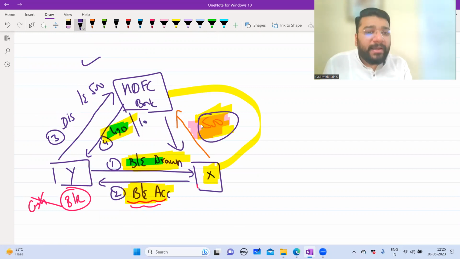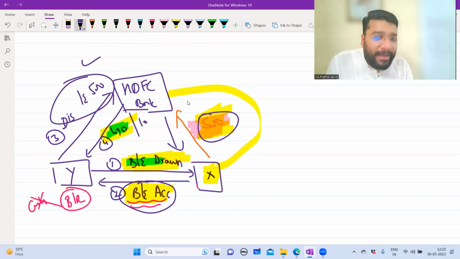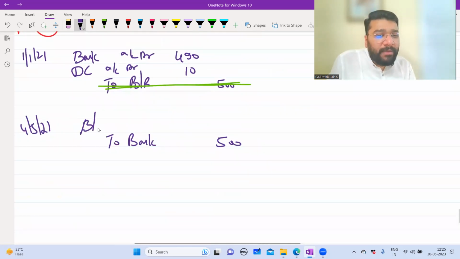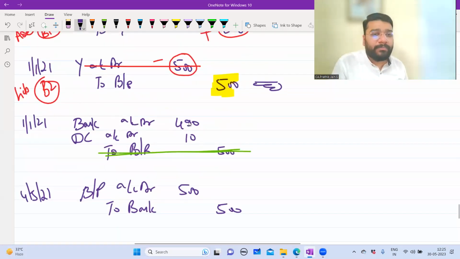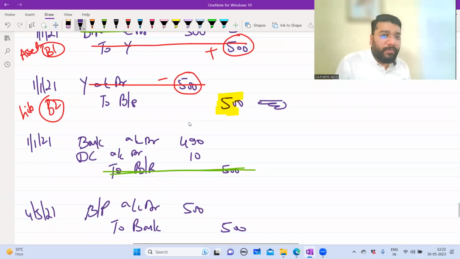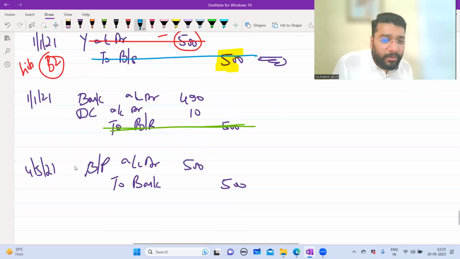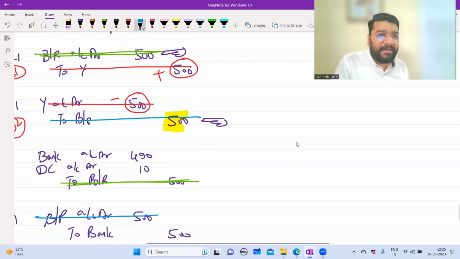The bills payable that you signed and accepted went to the banker, and the banker is now giving it back to you. So the bills payable liability is getting knocked off. So bills payable account debit 500, to bank 500. Any problem? Bills payable opened here, bills payable closed here. That's all. Very simple entry.